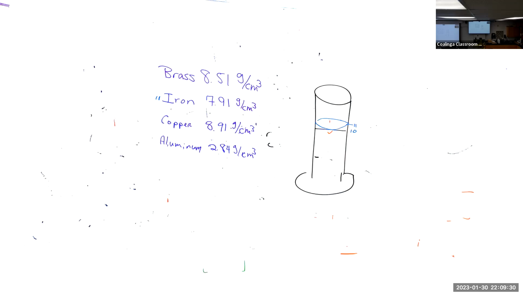So do 15 divided by 16 first. Now multiply that times 0.5. You multiply that by 5.175.